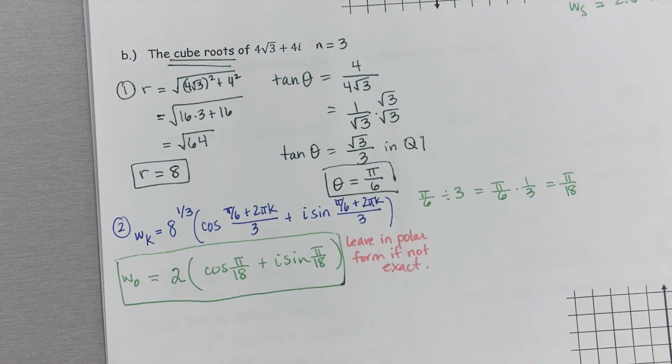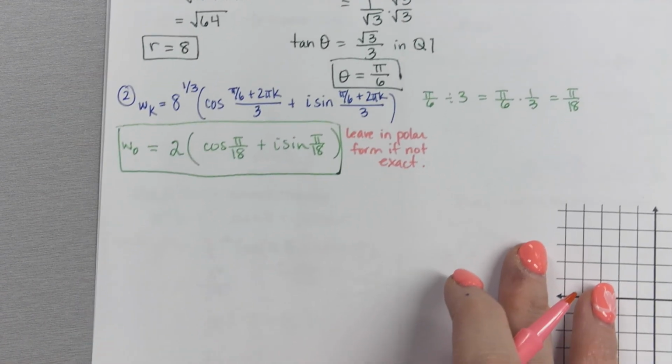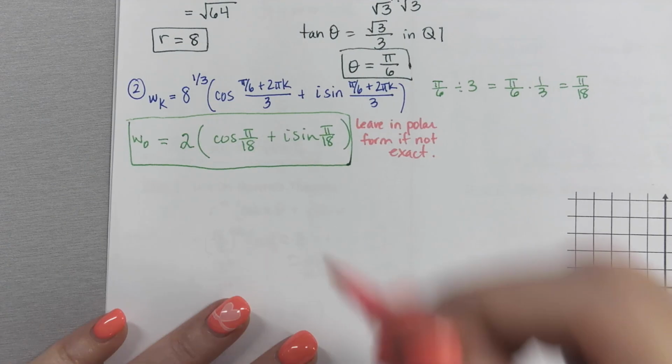Okay, and then you are going to want to convert to the binomial form for graphing.